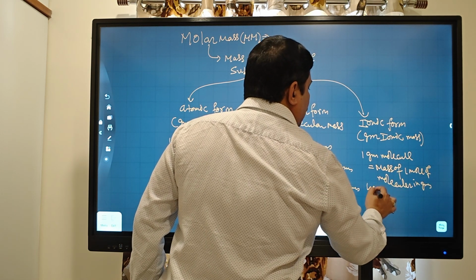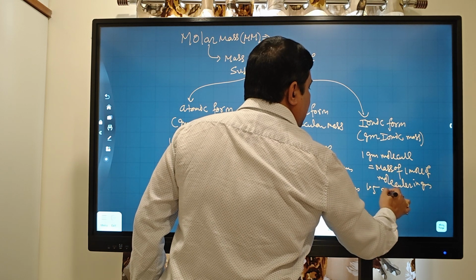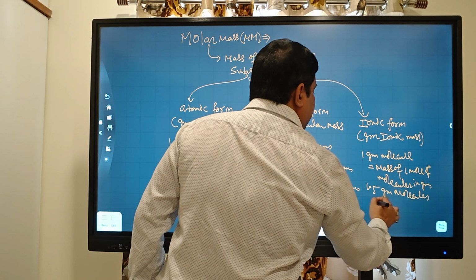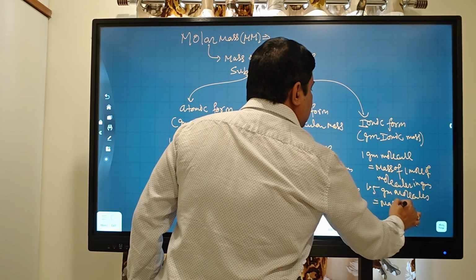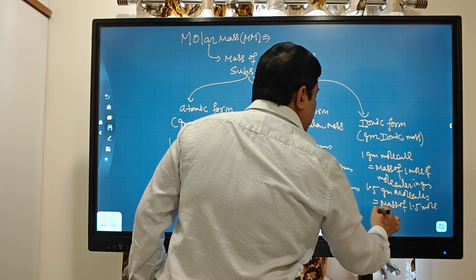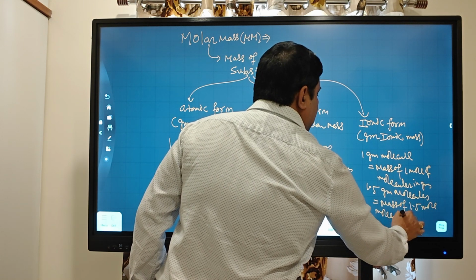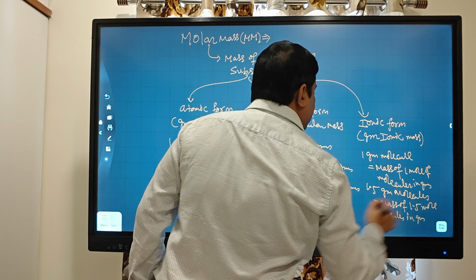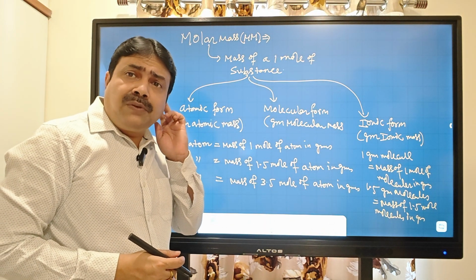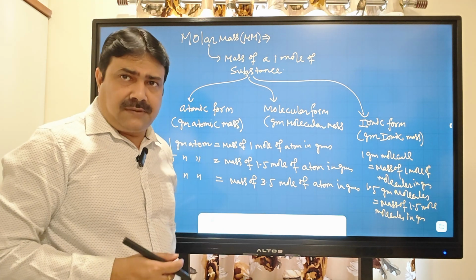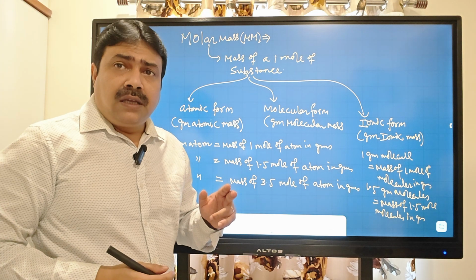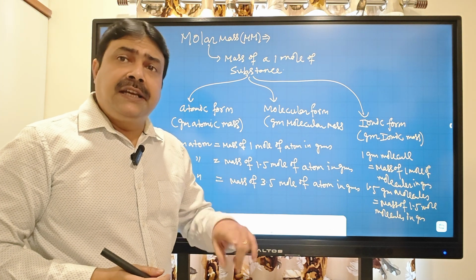If I say 1.5 gram molecules, which is nothing but the mass of 1.5 mole of molecules in grams. In the same way, if I write 1 gram ion, it is the mass of 1 mole of ions in grams. If I say 1.5 gram ion, it is the mass of 1.5 mole of ions in grams.